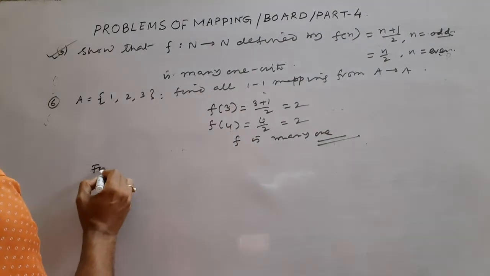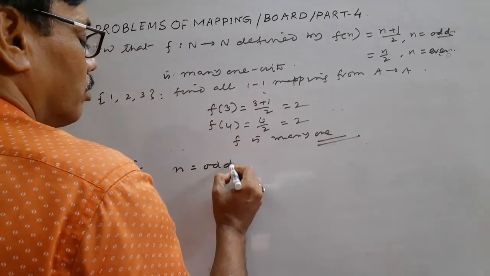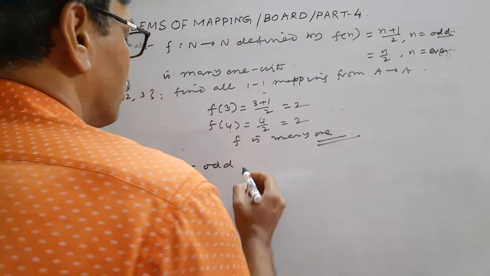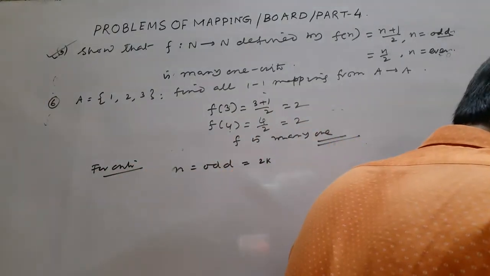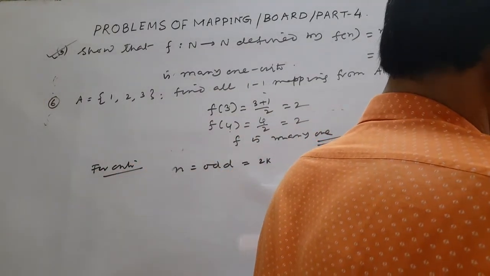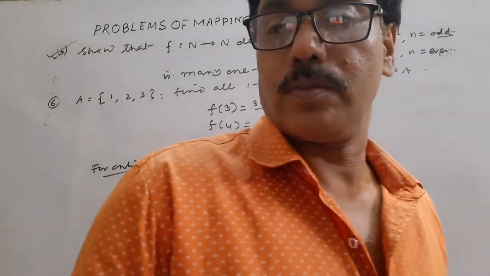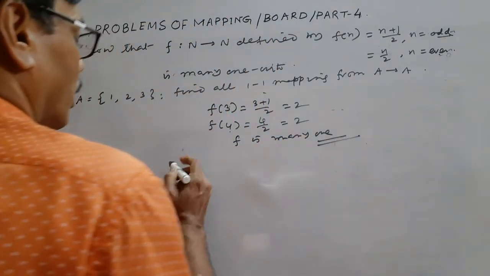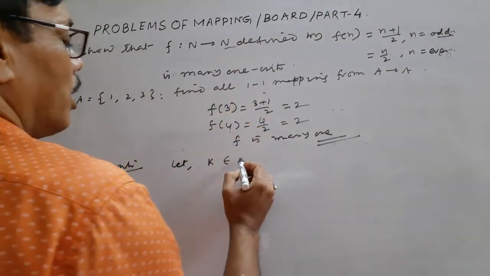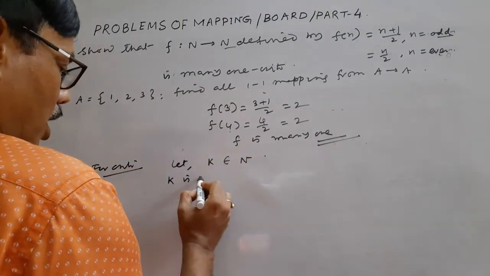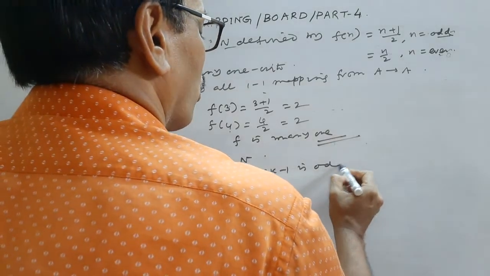Now for onto. If n is odd, n = 2k−1; if n is even, n = 2k. Let k belong to the codomain. If k is odd, then 2k−1 is odd.